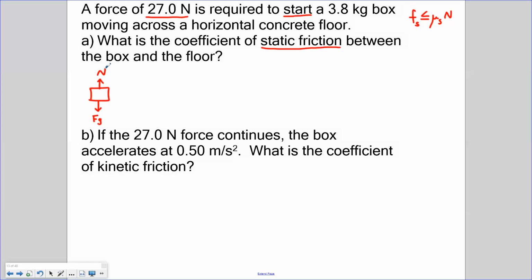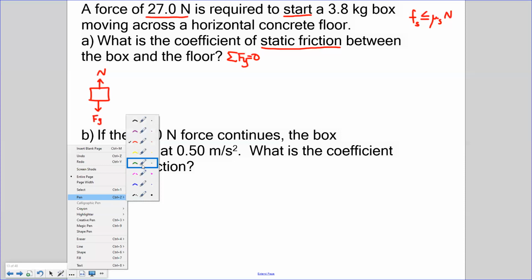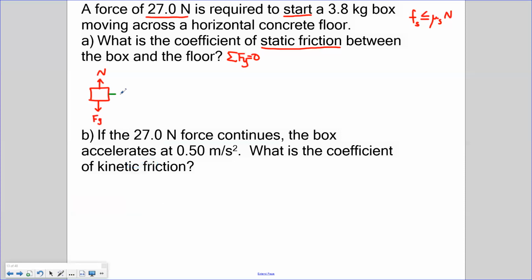In the Y direction, our box is not accelerating up or down. So our net force in the Y is going to be 0. Those two forces need to balance. All right, in the X direction, we are applying a force horizontally, pushing it forward. And we're told that's 27 newtons. If you want to go ahead and put that on your free body diagram, you can.